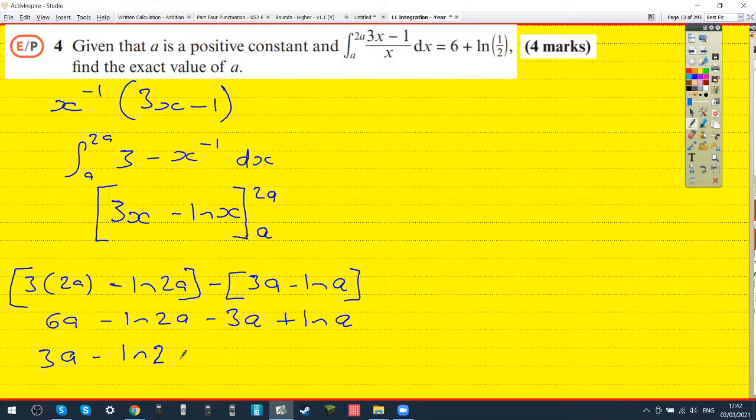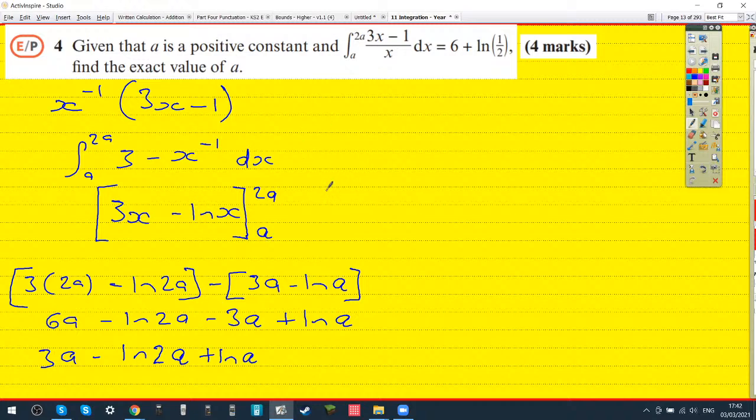How did you get ln a? So minus ln 2a over a. That would be if it was minus ln a. This is plus ln a. Oh, do we times it?